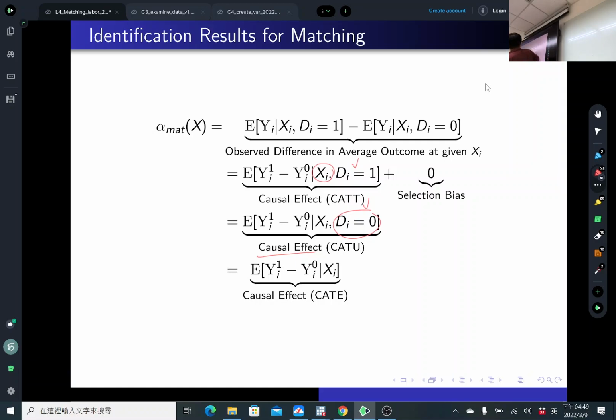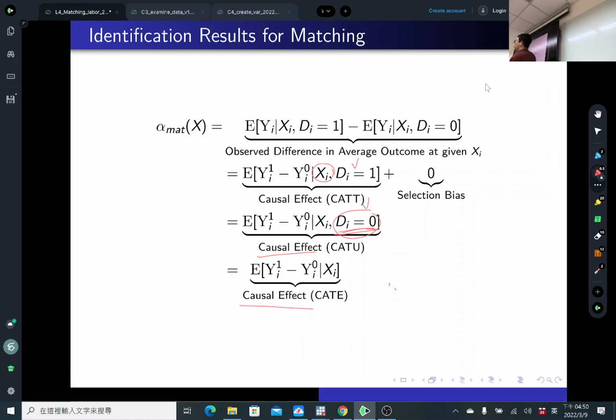So this term will become the same as the condition for the control group. And since our sample are all from the treatment group or control group, it also can help us get the conditional causal effect for the whole population.